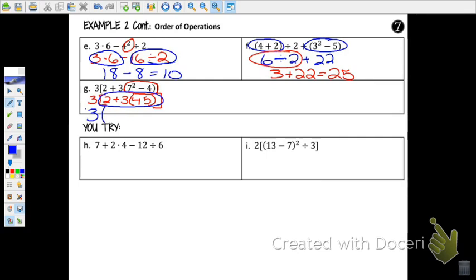So I have to multiply first. So I have to take 3 times 45, which gives me how much? 135. I add 2 more to get 137. And then I'm going to have to multiply 137 times 3.